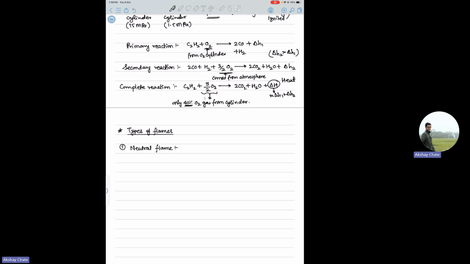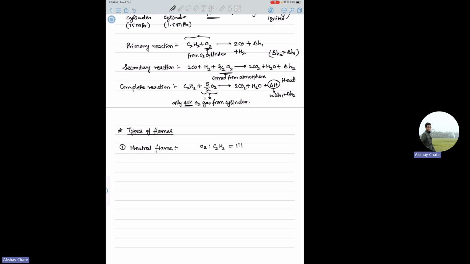In a neutral flame, you basically use oxygen and C2H2 gas in a 1:1 ratio. This oxygen is from the oxygen cylinder, not the total oxygen, so you should think about this reaction.